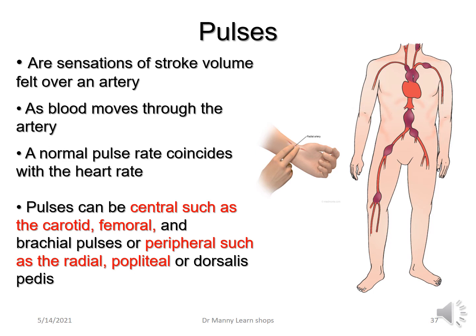You can have what's called a pulse deficit, which we're not going to explain at this time, but basically it means you could have a heart rate, for example, of 80 beats per minute and only have a pulse rate of about 75 beats per minute. Pulses can be central, such as carotid, femoral and brachial pulses, or peripheral, such as the radial, popliteal, or dorsalis pedis.